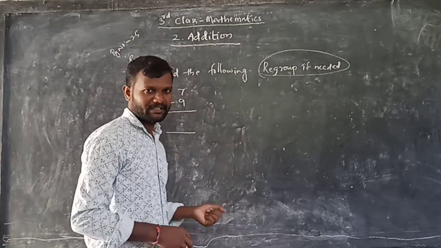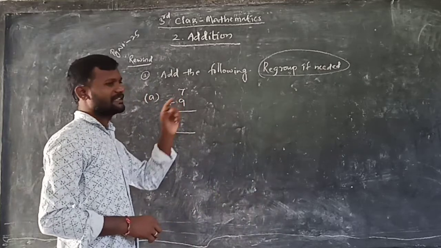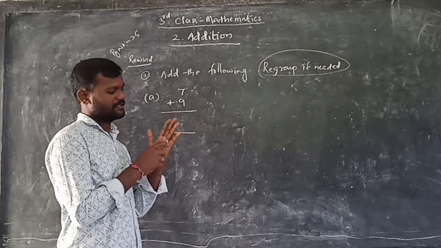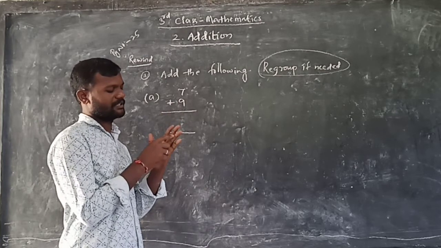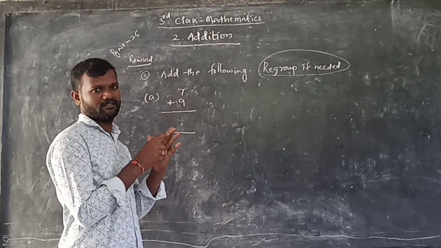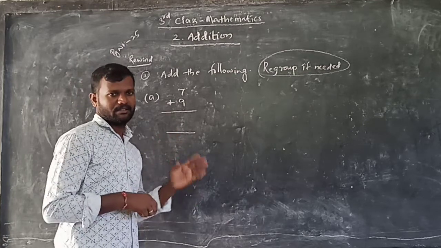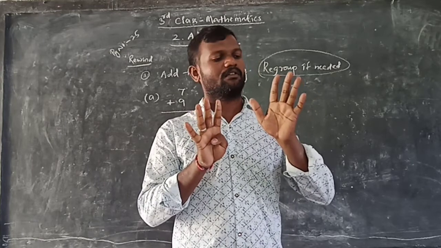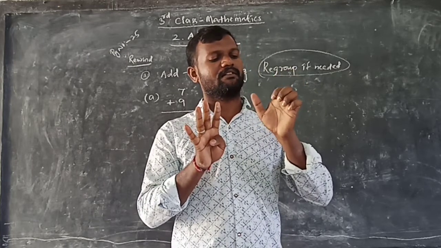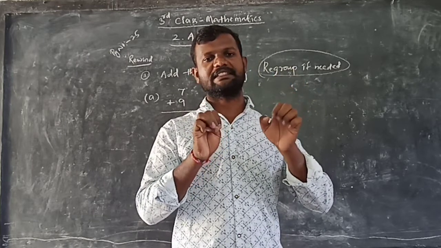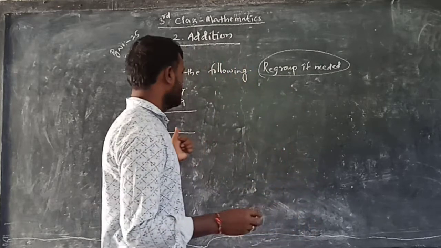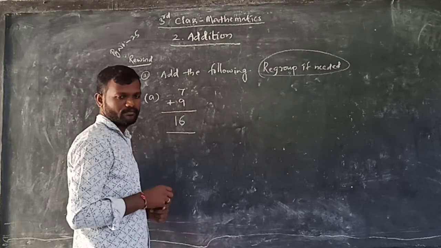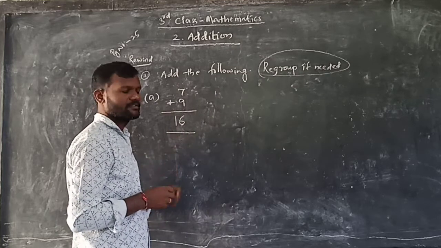Otherwise, count like this. 7 plus 9: 7, and we have to add 9 to that. So 8, 9, 10, 11, 12, 13, 14, 15, 16. So 7 plus 9, what are we getting? 16. Okay, this is the answer. 7 plus 9 is 16.